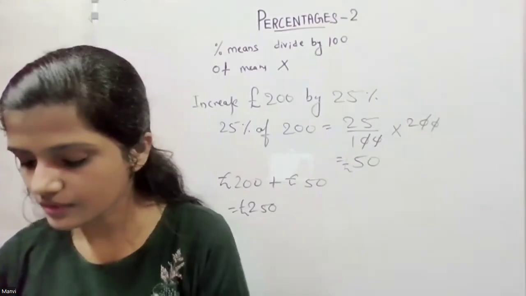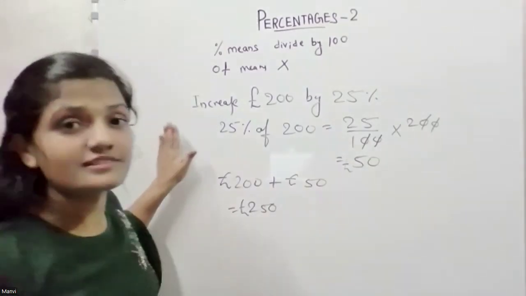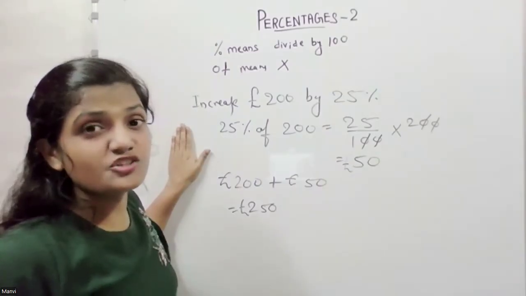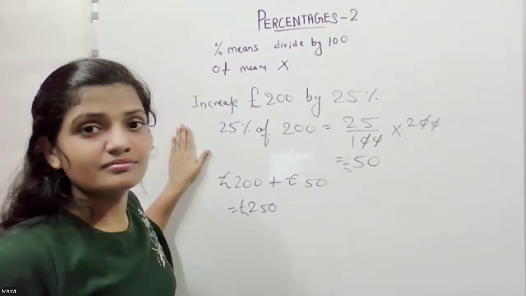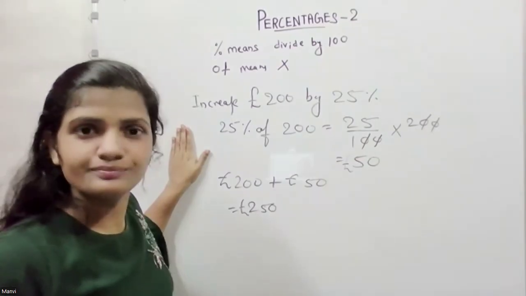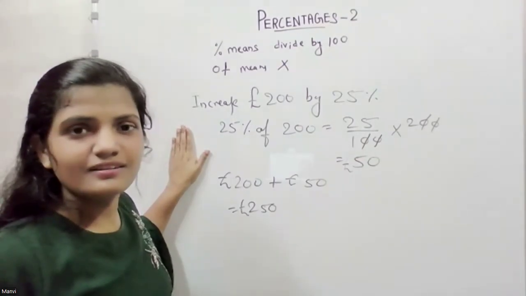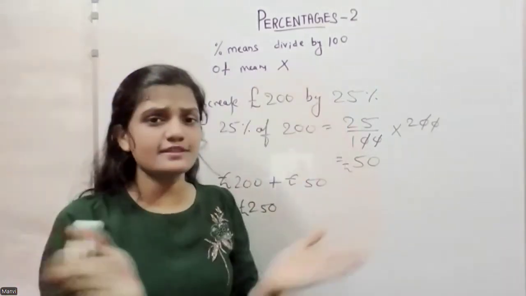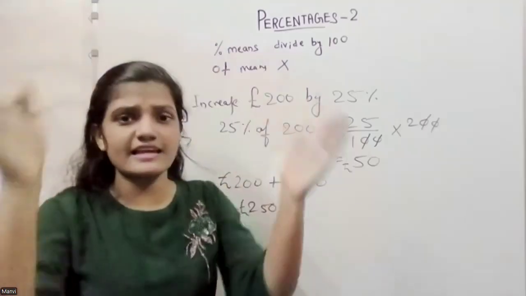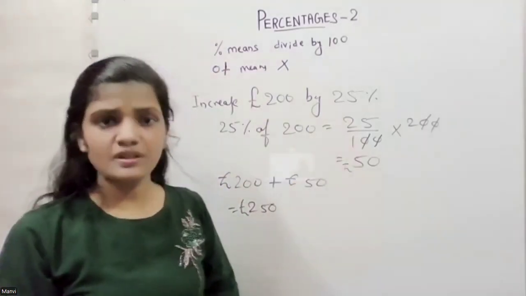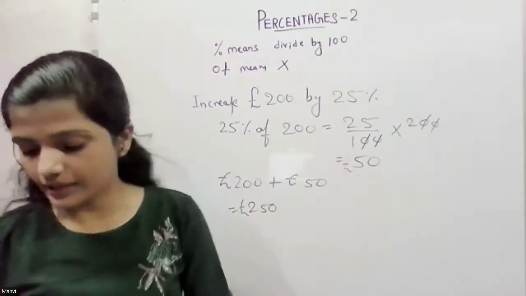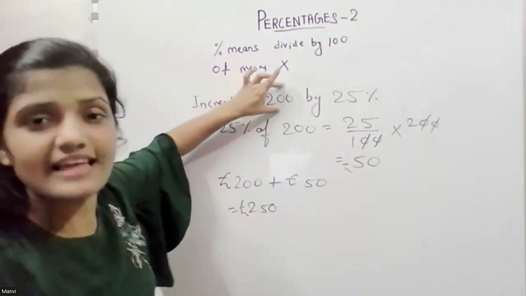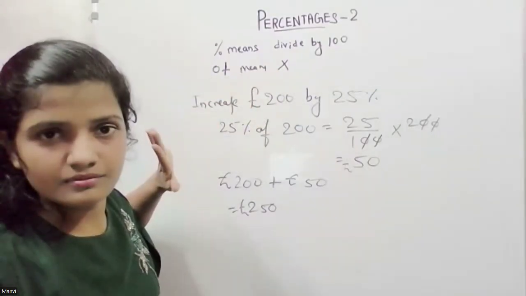Good. And do you know the second method for solving this question? The easier way? Actually, we call it method 2. So everything is 100%, I already told you that everything is actually 100%. Earlier, this 200 is actually 100%, right?